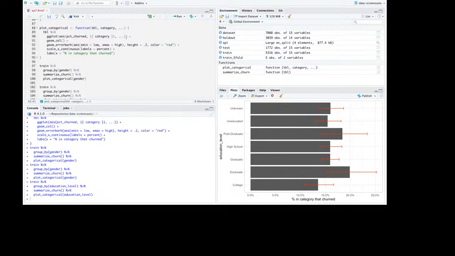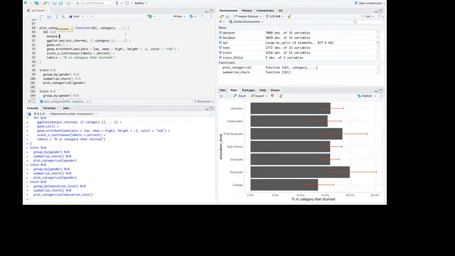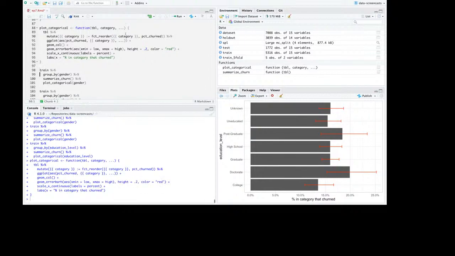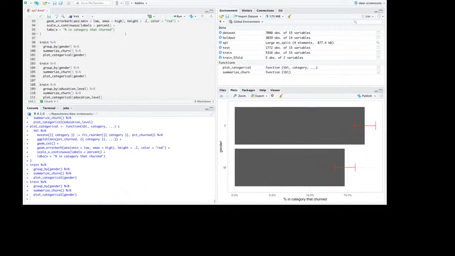The funny thing is, I can do mutate, I'm remembering myself quickly, I think it's this: category is fct reorder by PCT churned. I think this is right. Let's find out.